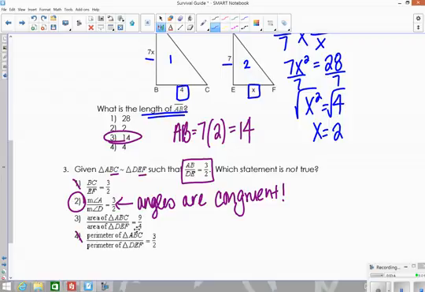That's why that's true. In order to make it true, you have to square the ratio of the sides. That's the choice that most people would probably pick because it's a different number, but it's actually true because you always square the side ratios to make it equal to the area. So that one is true.